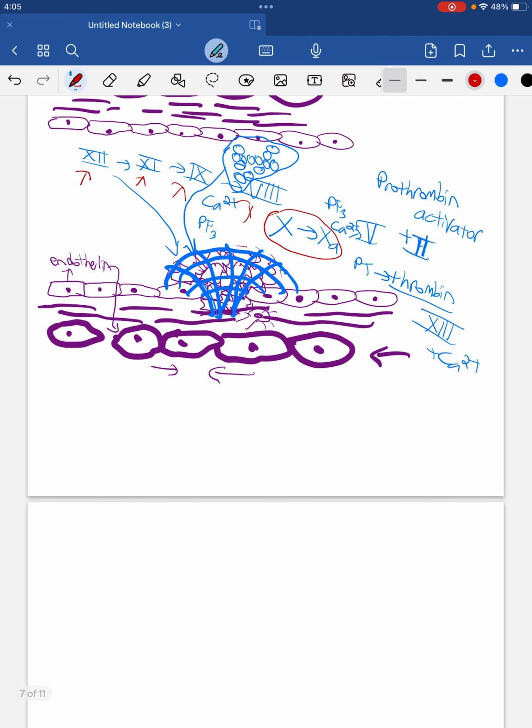So extrinsic, when there's tissue damage, the tissue is going to release factor 3. Okay, this will react with factor 7 in the blood, and that becomes active. This activated factor 7 can then activate factor 9 and 10. Okay, and this is much faster, right? A lot less steps here.